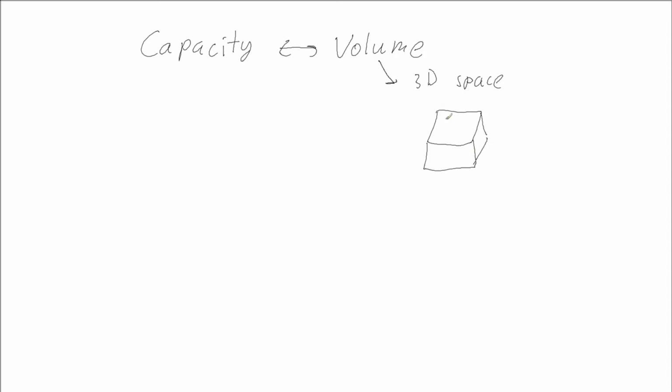So let's just say I had this container here. If it was a solid block, the space it would take up would be its volume, or if it was some sort of container, its volume could be the amount of space on the inside of it. Capacity is very similar.